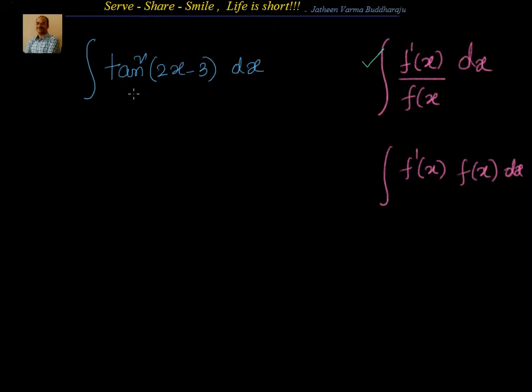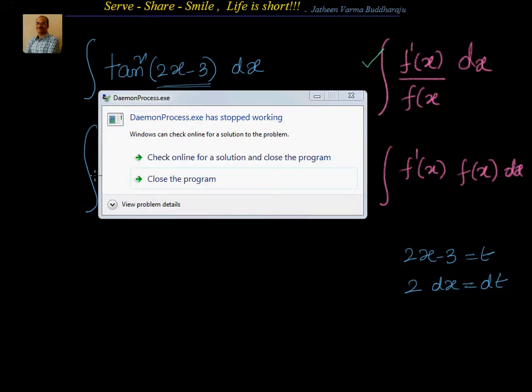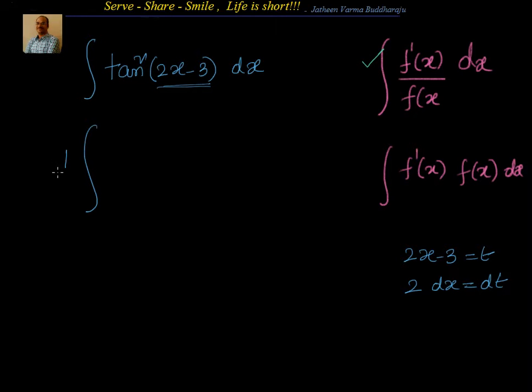We have been asked to find the integral of tan square of 2x minus 3 dx. First things first, we will take 2x minus 3 equal to t, so that we can say 2 dx equal to dt. So now dx equals half into dt, so it becomes half tan square t dt.